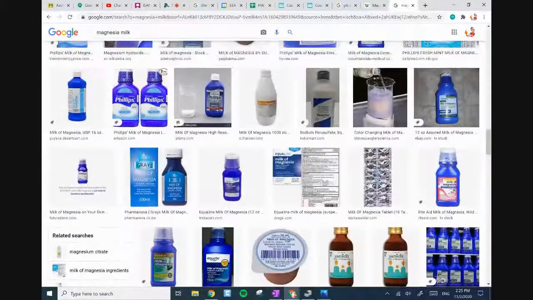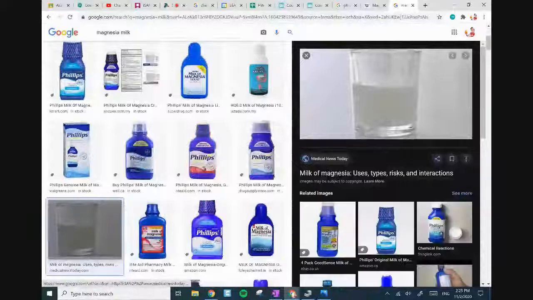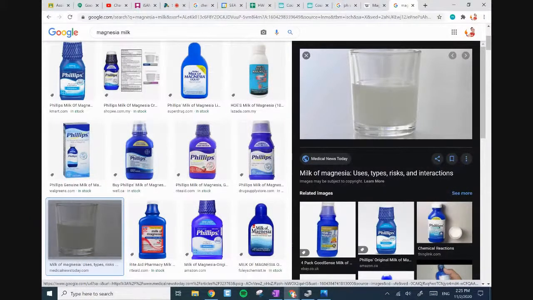It's a white, thick liquid, and it's just magnesium hydroxide that's been added to water, but it doesn't dissolve. So it just forms this white suspension, which is why they call it milk, because it looks like milk. If you filter that, it'll go completely clear, and you'll have 99.9% of your solid on your filter paper. There will be 0.00064 grams of it dissolved, however.